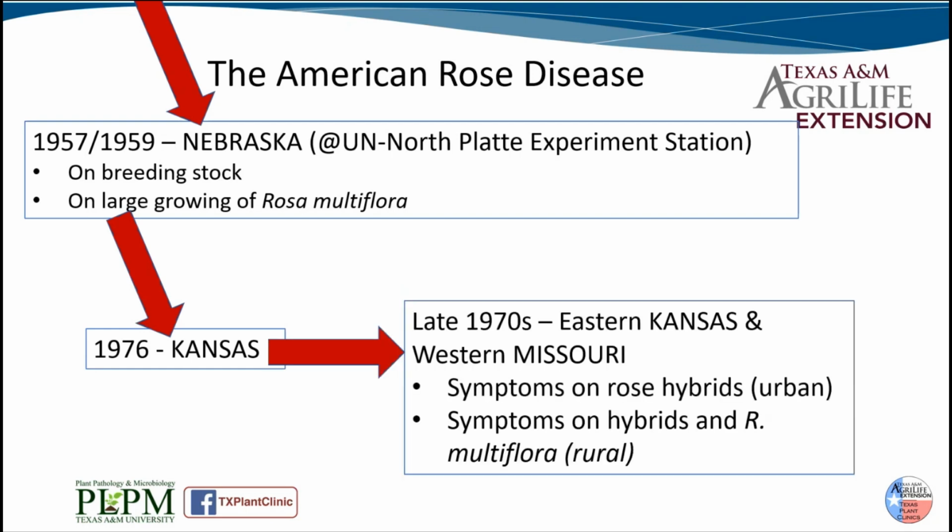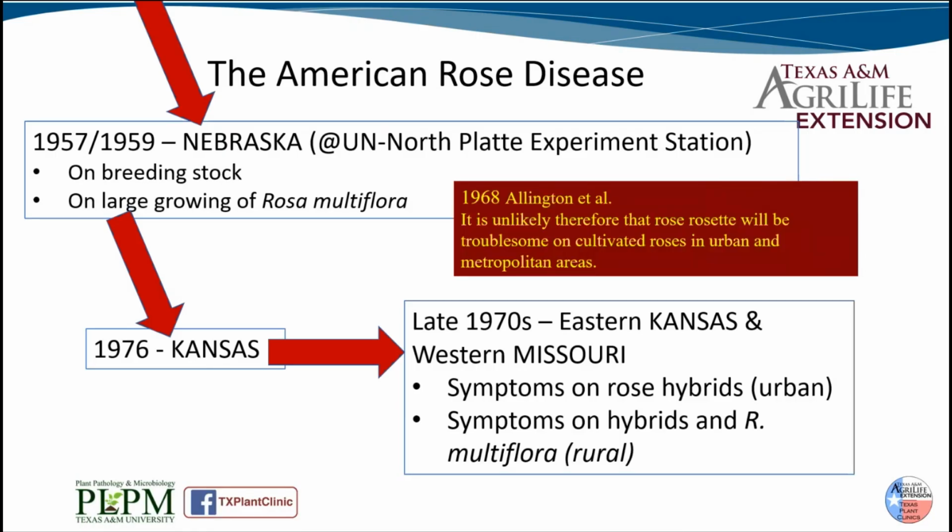In the late 70s, you'll notice it goes to eastern Kansas, western Missouri. Symptoms on rose hybrids. Probably the first time that I can find that said anything about rose rosette symptoms on hybrids. And there were also symptoms on multiflora in that report.